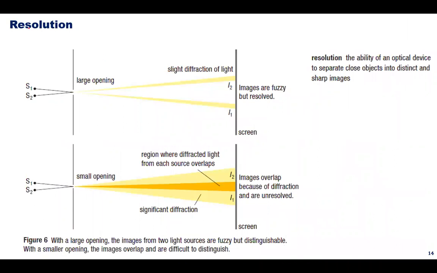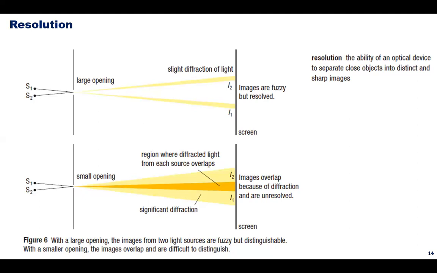let's have a look at another related concept, which is called resolution. The resolution of an optical device is the device's ability to separate closely spaced objects into distinctively different images. Light passing through a small opening is diffracted, and smaller openings produce greater diffraction.